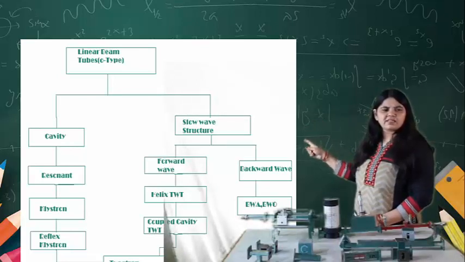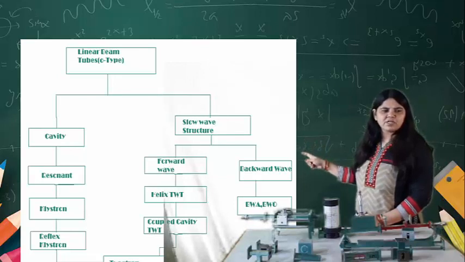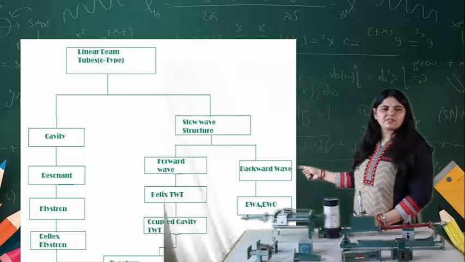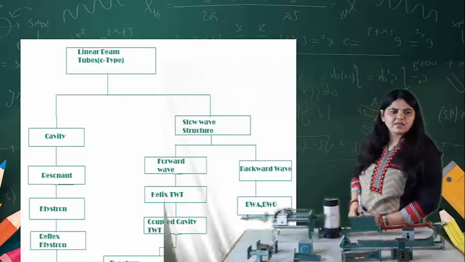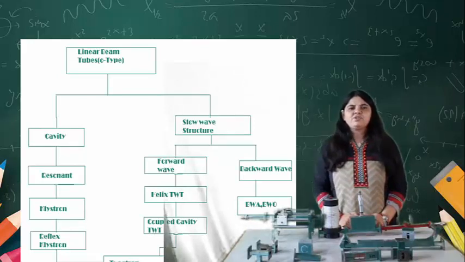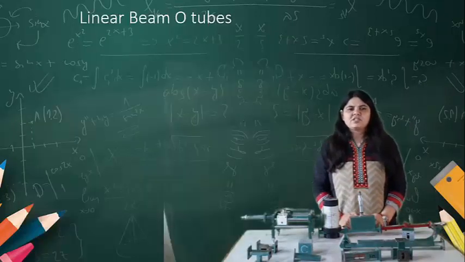In the forward wave, the helix TWT is used, and over here the backward structure. So these are the classifications of the linear beam O type tube structure.